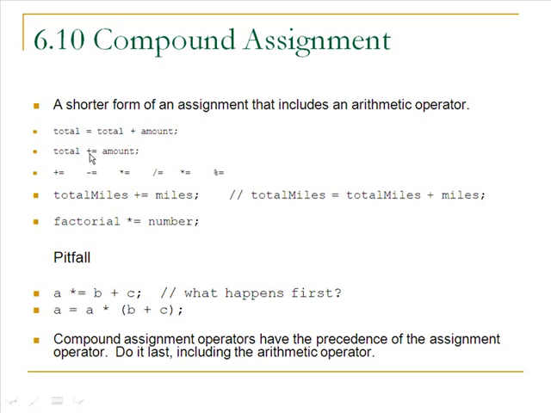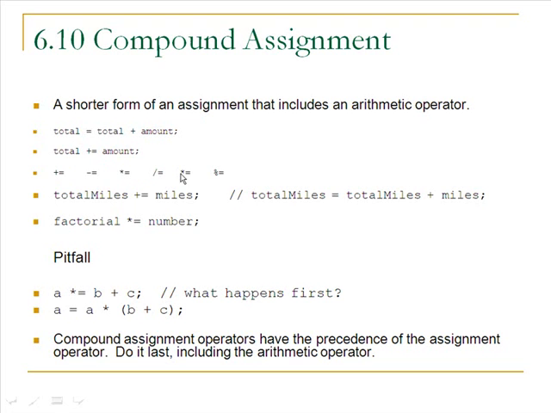So now we have a new operator. We're going to read this plus gets, and we can say total plus gets amount. That means take amount and add it to what was already there in total. So you should be using these compound assignment operators when you have the opportunity to do it. On this list of the compound assignment operators, I see that I put multiply gets twice.